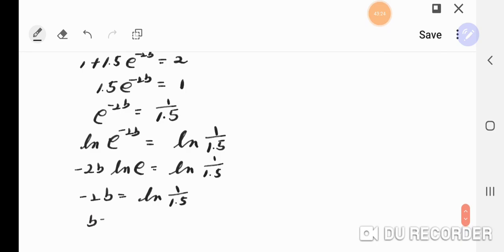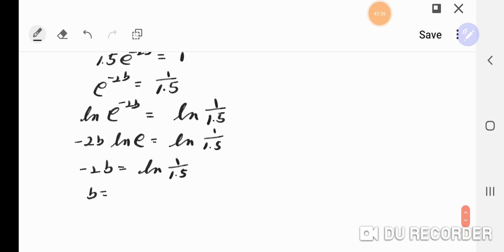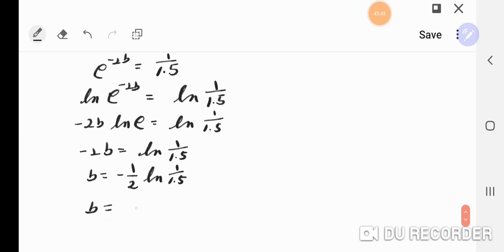Now divide each side by negative 2, or multiply by the reciprocal, negative 1 over 2. Then using a calculator, the B value is approximately 0.2027. So this is the growth rate constant.